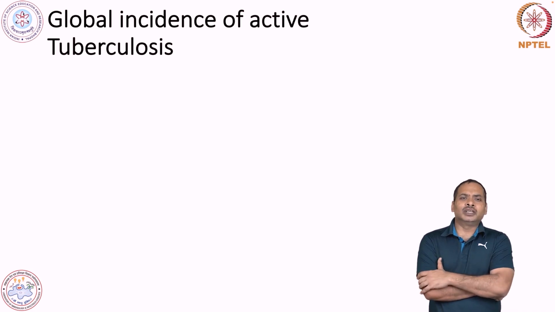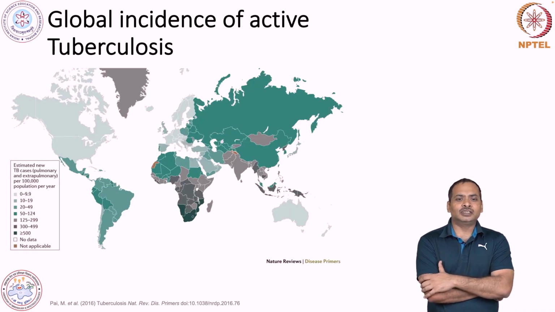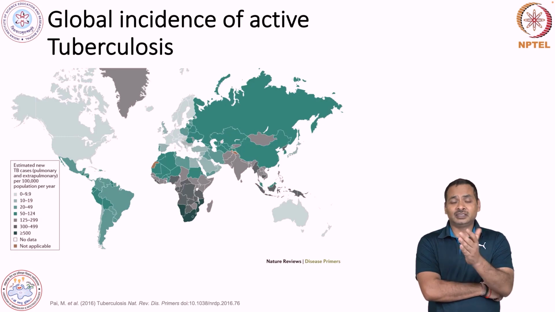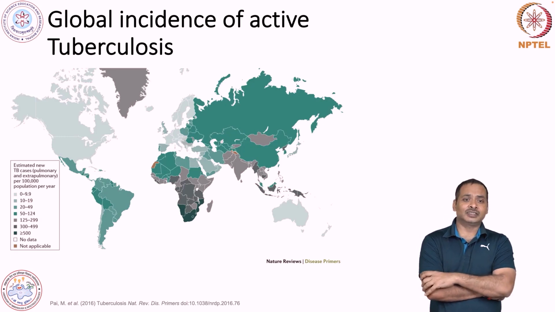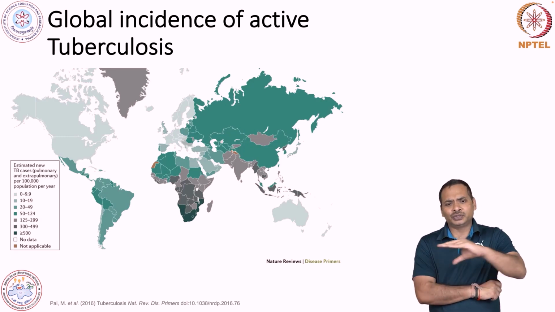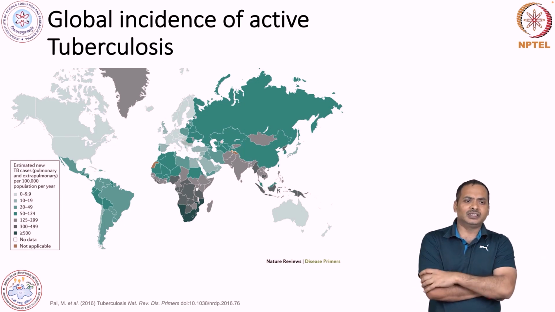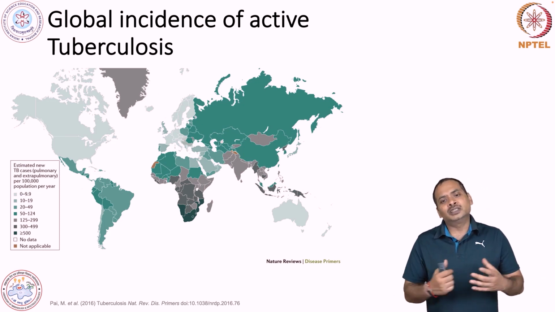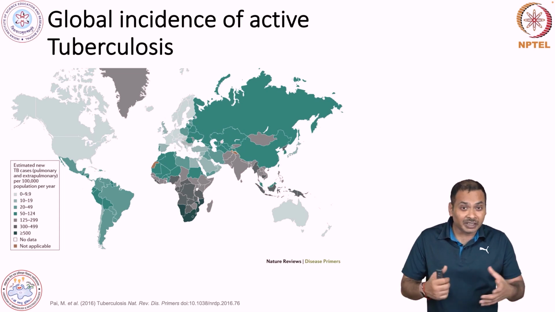This is the global incidence of active tuberculosis. Here you can see that our country, India, has a lot of tuberculosis cases, and if you see carefully, you can find that the number of tuberculosis cases does not basically depend on the climatic condition.